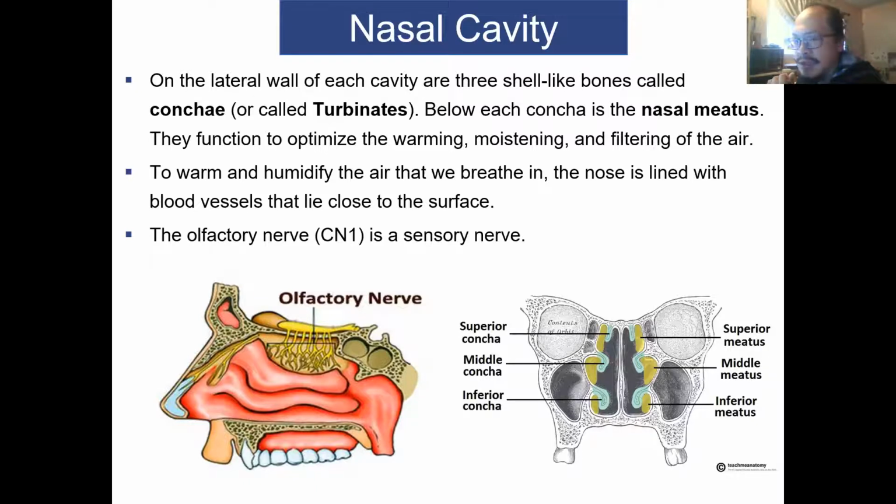The way to keep the air constant, with these conditions ready for our body to use no matter where you are, is through one of the organs that works on that, the nasal cavity, the nose. So that's why we have these conchae, increased surface.